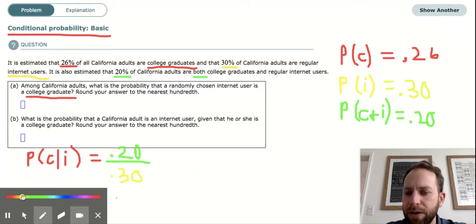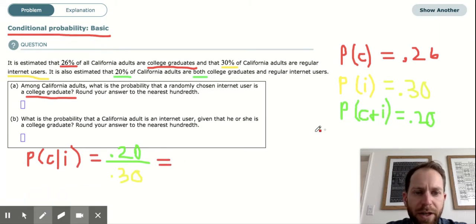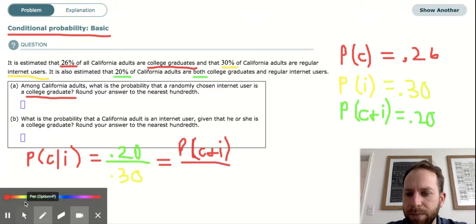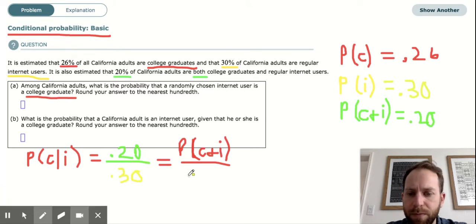Since this whole thing is equal to the probability of C and I, sorry, this is a parentheses, divided by the probability of I, then the I's will cancel out, and we'll only have it for C, which is what we wanted to solve for.